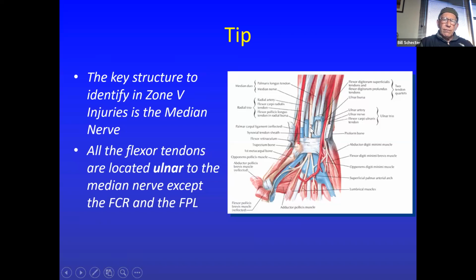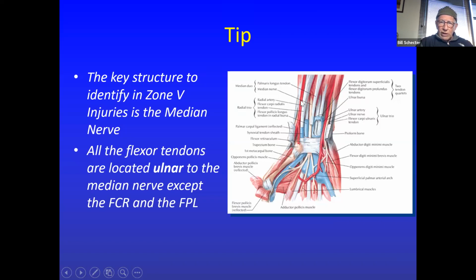Every structure in the wrist that might need to be repaired is located ulnar to the median nerve, with the exception of the flexor carpi radialis and the flexor pollicis longus. So as soon as you identify the median nerve, you can go easily check out the flexor carpi radialis. You go deep and you can check out the flexor pollicis longus.